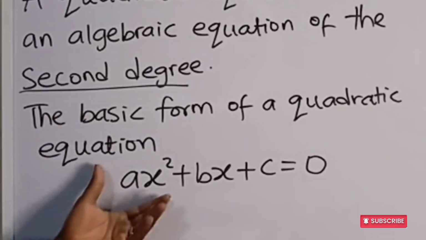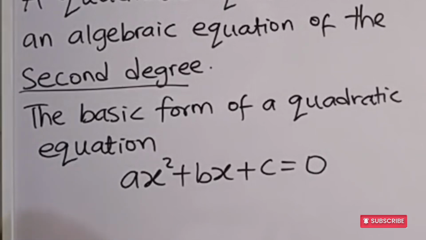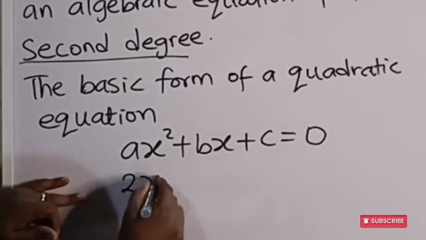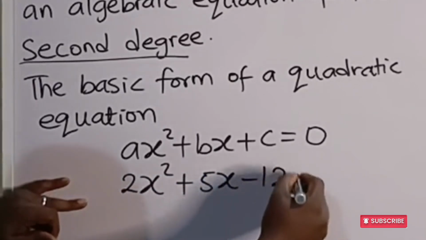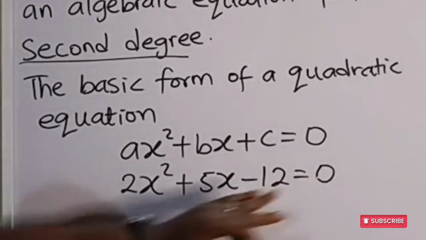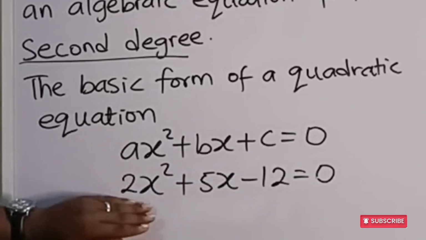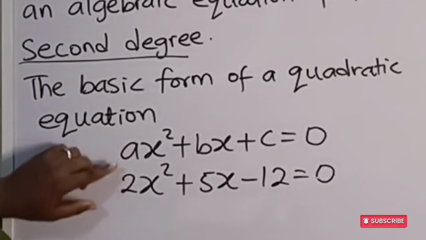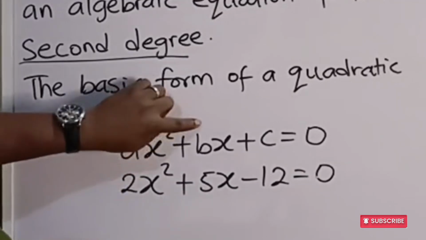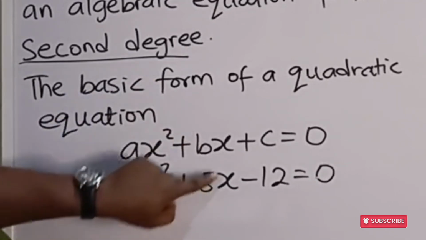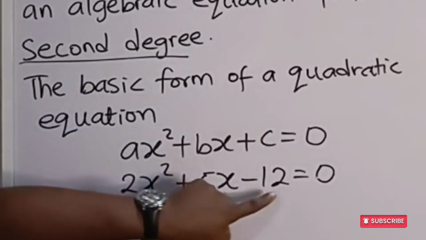Okay. So if you have a quadratic equation in this form, 2x squared plus 5x minus 12 is equal to 0, for example, and we want to compare this equation to the basic form, that means our a is equal to plus 2, our b is equal to plus 5, and our c is equal to minus 12.